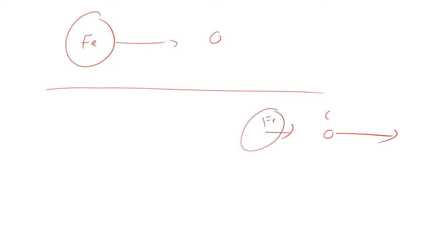So remember, the iron was coming in at 1.04 times 10 to the 8th meters per second, but the carbon left at 1.71 times 10 to the 8th meters per second. And the iron is still moving at 6.74 times 10 to the 7th meters per second.